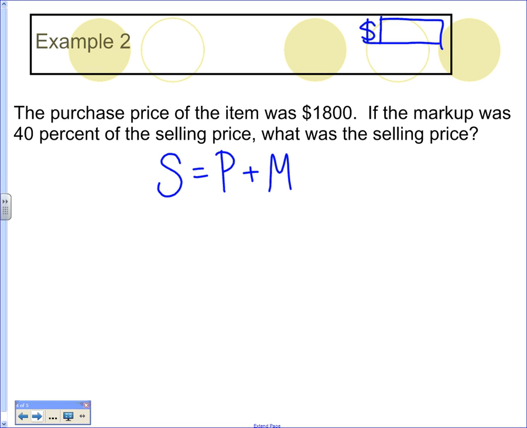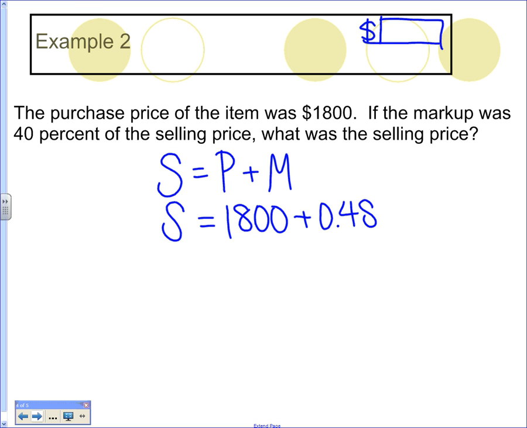Okay, so we start with our formula. The purchase price of the item was $1,800. Where does that go? The markup was 40% of the selling price. And what goes here?